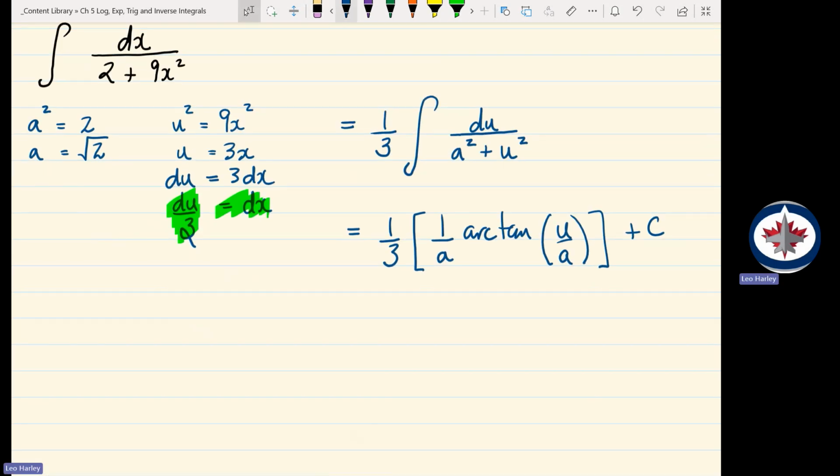So if we rewrite it one more time, it's going to be 1/3 of 1 over what is a? Square root of 2. And then it's arctan of the replacement for u, 3x, all over the square root of 2.